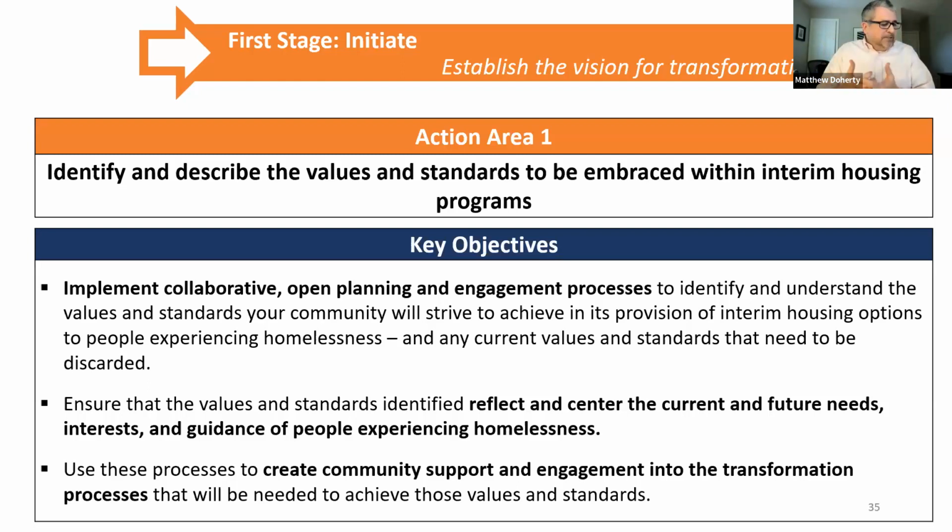Some of the key objectives that you might be pursuing in this action area would be a collaborative, open planning and engagement process, striving to bring people to the table and get to some agreement around the values and standards you're striving to achieve.